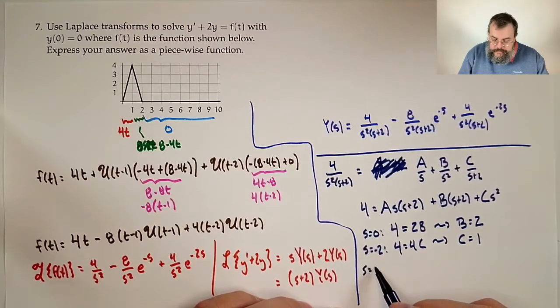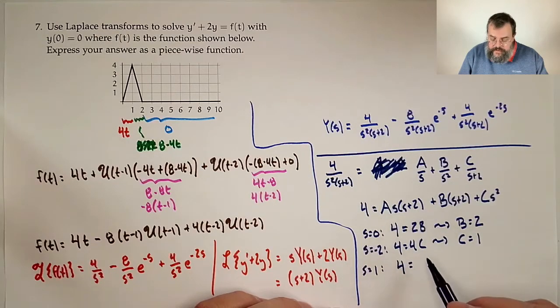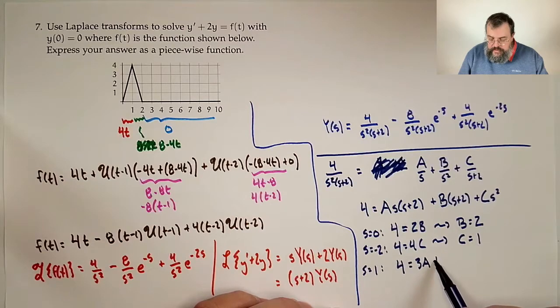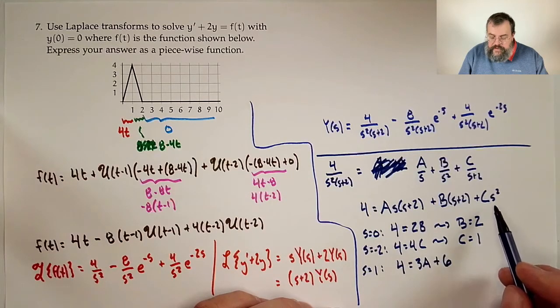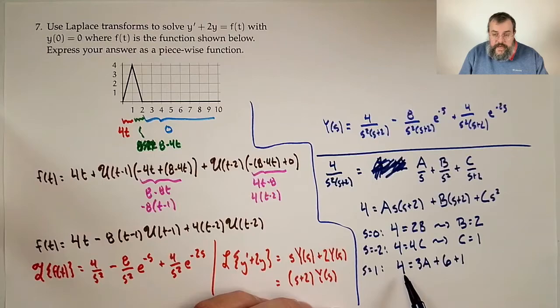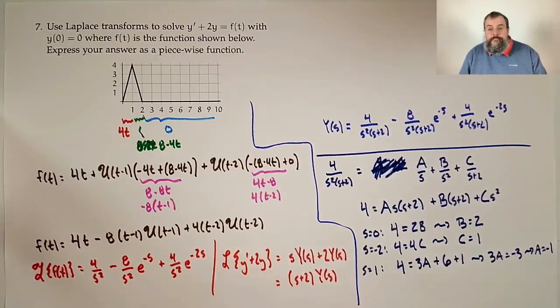All right, 1. 4 equals A times 1 times 3, 3A, plus B times 3, so 3B. But B is 2, so 6. Plus C, which makes it plus 1. Okay, well that's 7. You can subtract, and so you get that 3A is negative 3, which says A is negative 1.